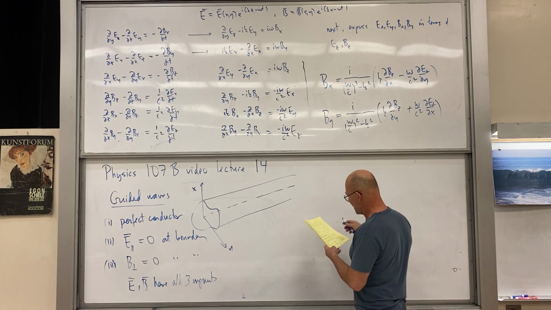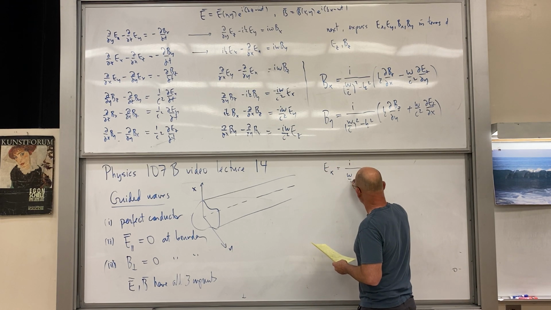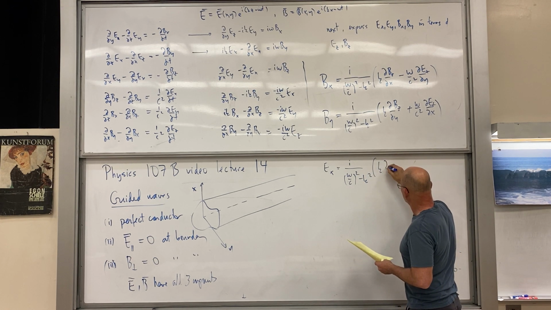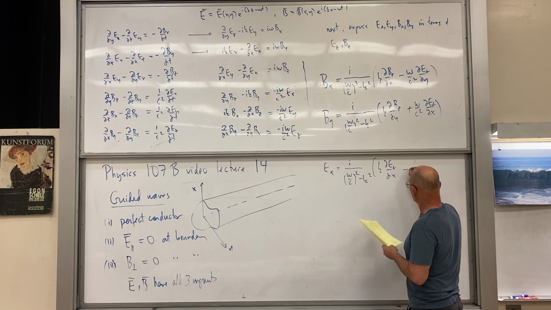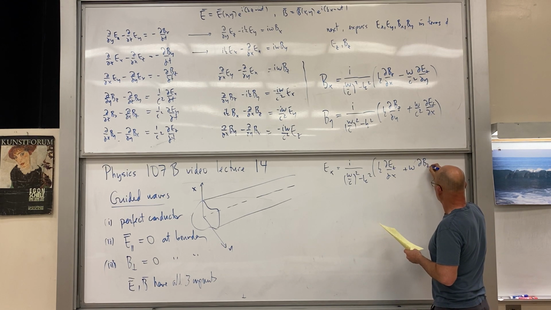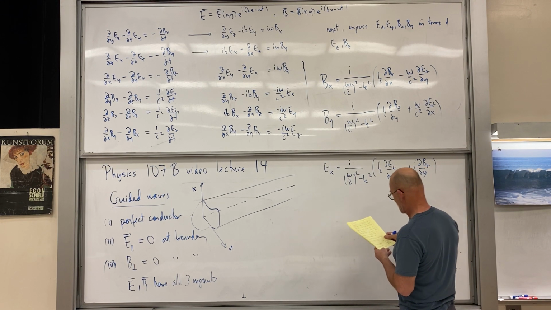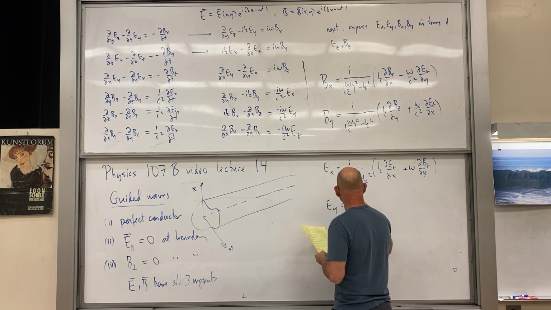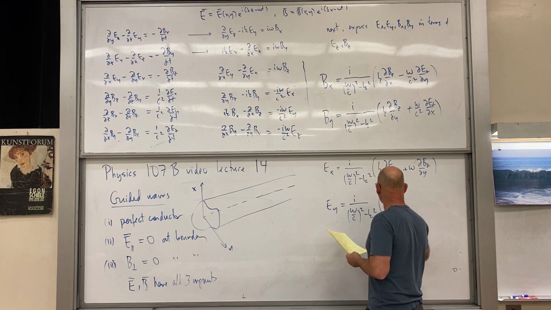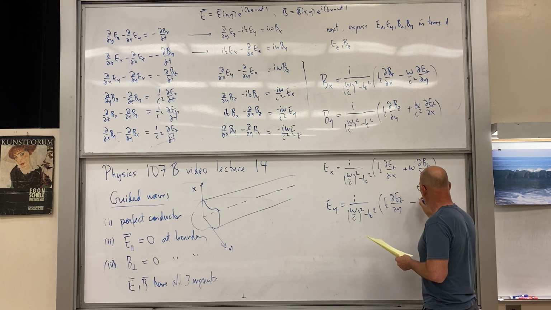So those Bx and By, Ex and Ey, we have omega over c squared minus k squared, k dBz/dx plus omega dBz/dy, and finally Ey, omega over c squared minus k squared, minus omega.